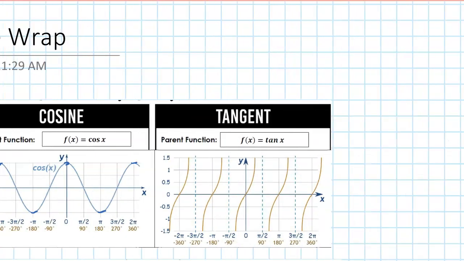I made a little chart, so I'm going to kind of replicate that as a video, and kind of generalize domain and range as far as transformations and how it changes it, and more specifically asymptotes.